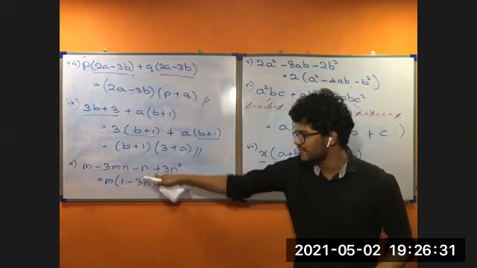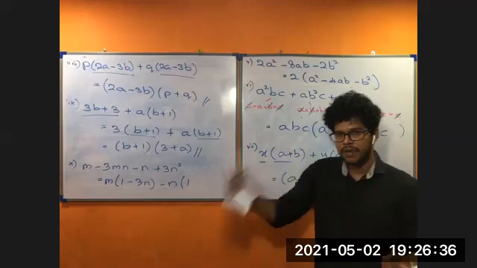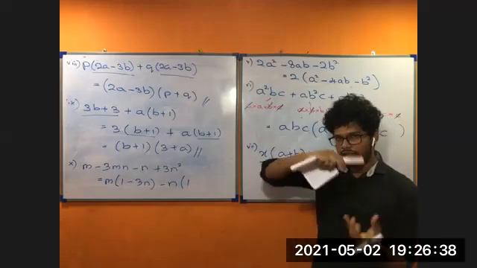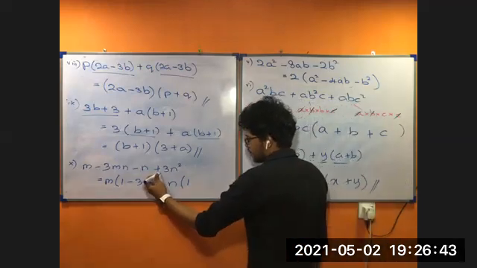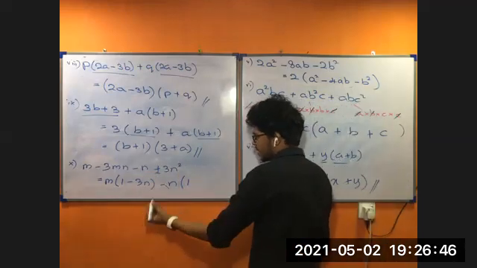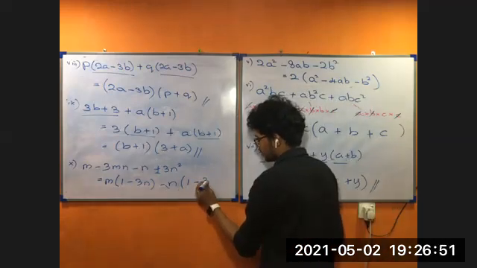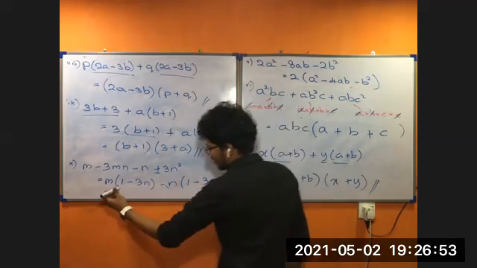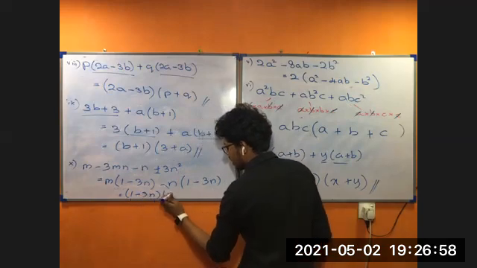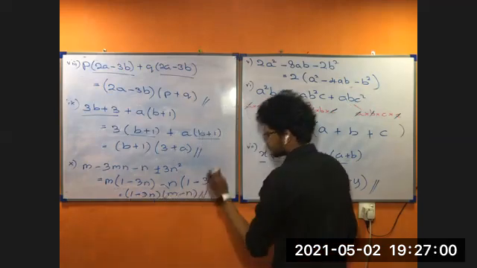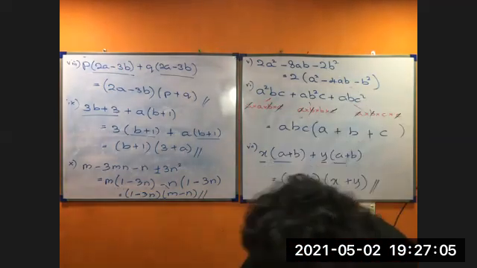So this plus is going to be minus in that case. I mean, minus and minus makes a positive, right? So when you take one minus outside, then minus is going to remain, right? So here, from a plus guy, when I take a minus n outside, minus is going to remain. So then it is going to be 1 minus 3n. So now it is the same. So it is going to be 1 minus 3n you take outside, and it is going to be m minus n. Yeah, we have several correct answers.